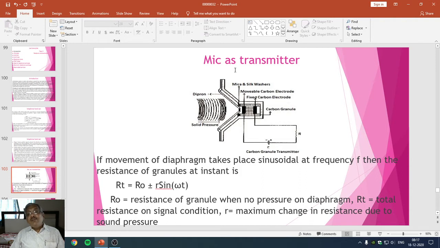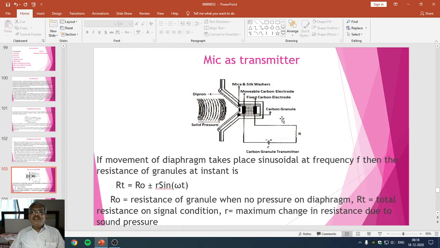In telephone communication, up to the completion of the telephone call between the two subscribers, we are going to study a little bit more about the mic, which acts as a transmitter. Generally, the microphone used in a telephone handset is of the carbon granule type.